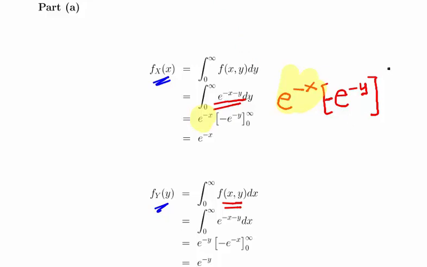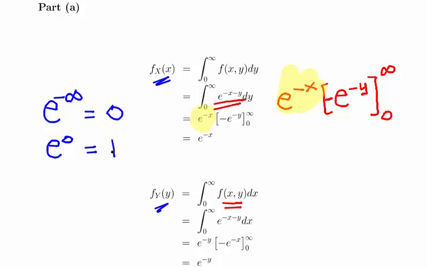Our integral limits are 0 and infinity, so what we have now is a definite integral. Now this part is important. e to the minus infinity we treat as 0. e to the power of 0 is always going to be 1.